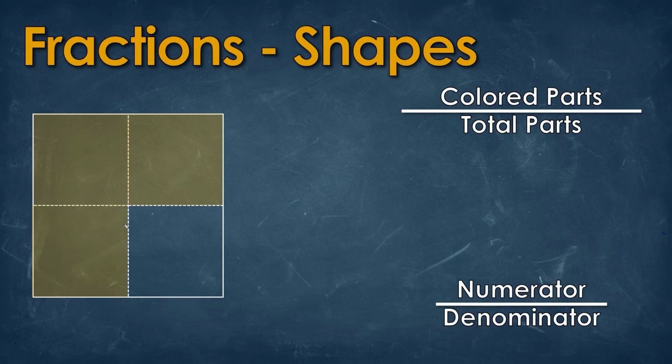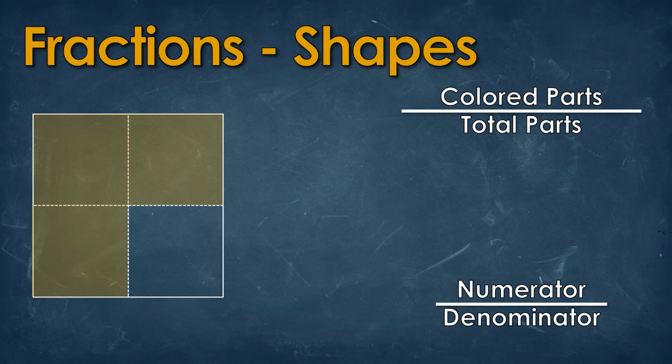And this is where we can take a look at another way to say it, which we say the numerator divided by the denominator, which is the same thing as the colored parts divided by the total parts. So again, we have 1, 2, 3 colored parts divided by the total parts, which is 1, 2, 3, 4.